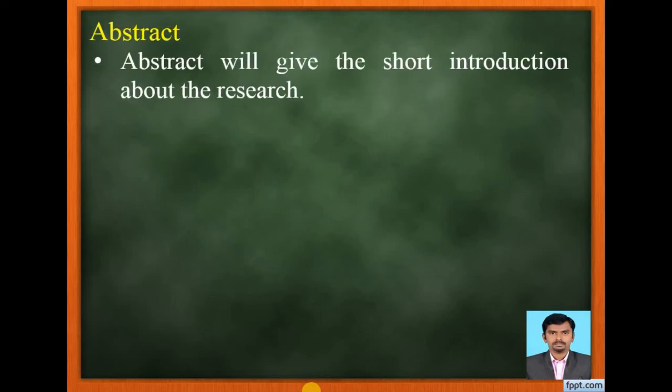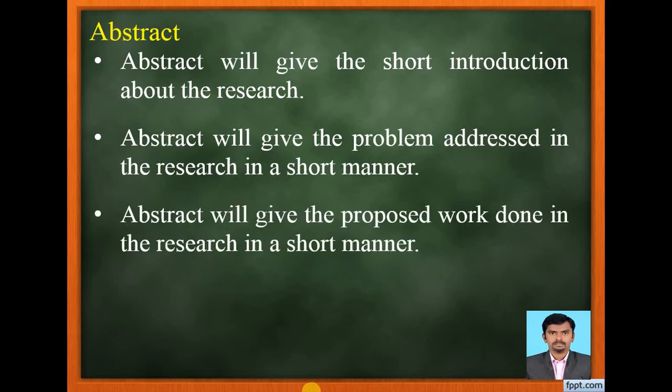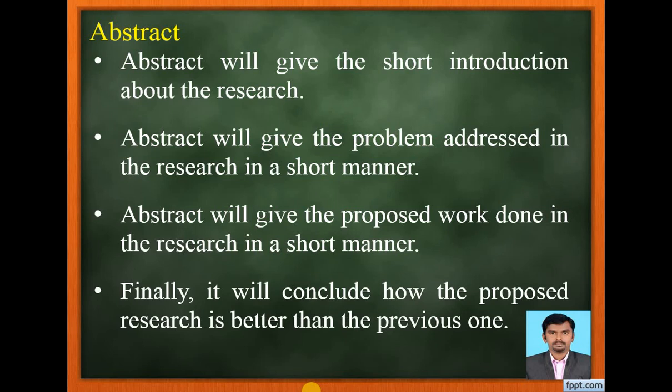Abstract will give the short introduction about the research. Abstract will give the problem addressed in the research in a short manner. Abstract will give the proposed work done in the research in a short manner. Finally, it will conclude how the proposed research is better than the previous one.